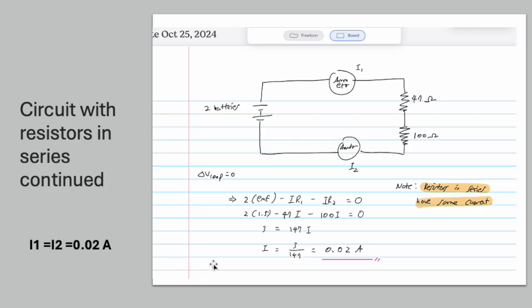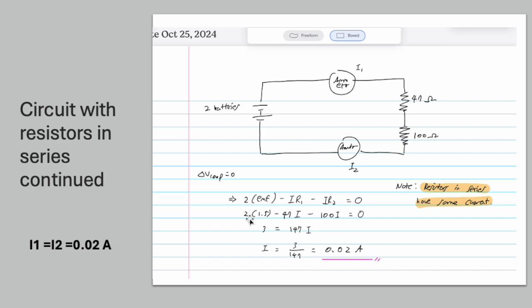Next, I'm going to talk about how I actually got the value of 0.02 amperes. For detailed steps, I applied the loop rule as indicated by my Notability note from iPad. Here, we can use the loop rule, which is delta V loop equals 0, and also note that resistors in series have the same current.